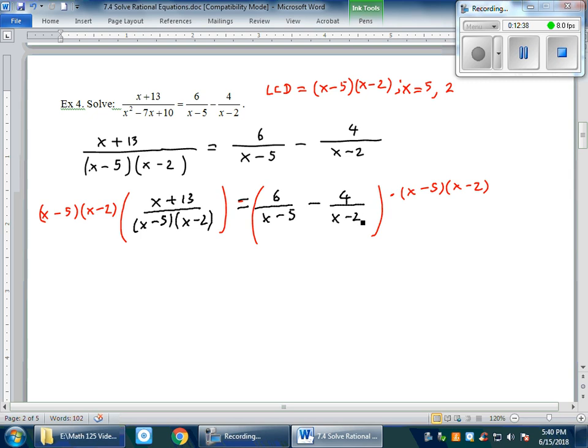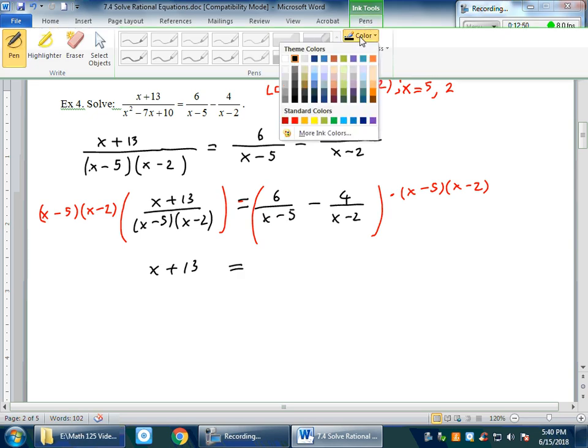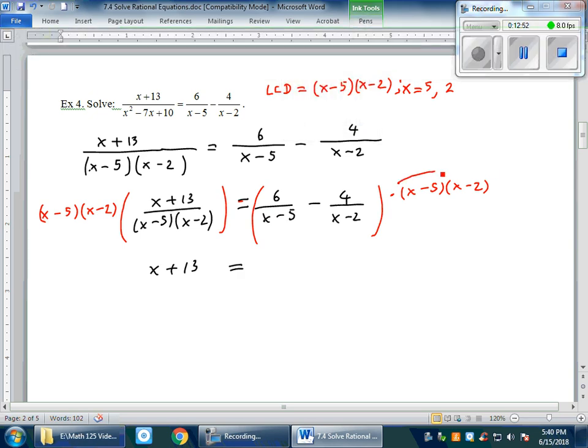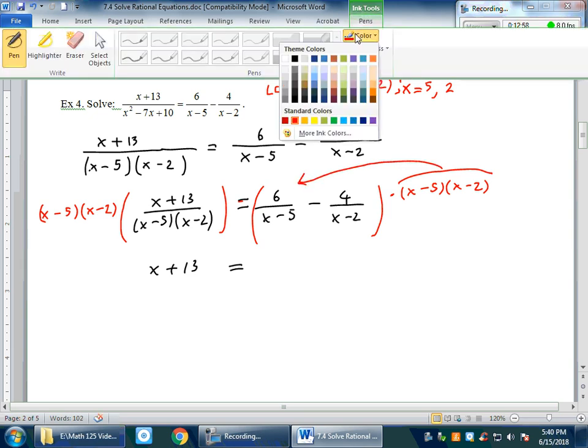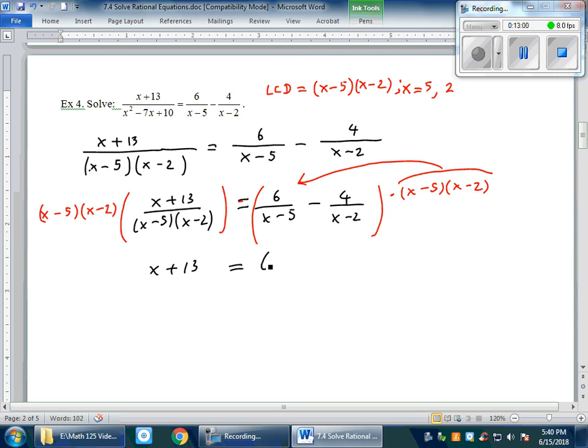When I multiply on the left hand side, x minus 5 and x minus 2 cancel out. So it will become 1 times x plus 13, which is x plus 13, equal to, on the right hand side, when I distribute x minus 5, x minus 2 to the first fraction, x minus 5 and x minus 5 cancel out. So it's left with 6 times x minus 2.